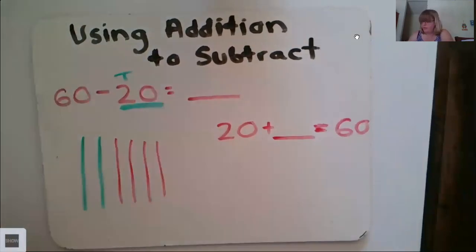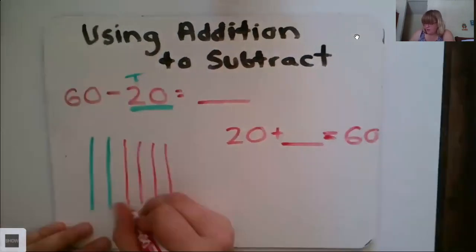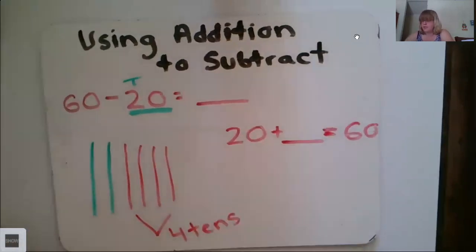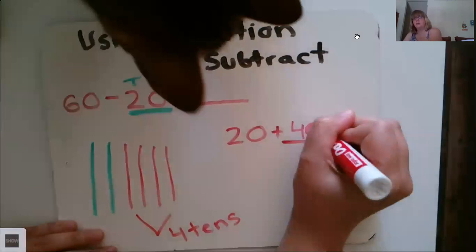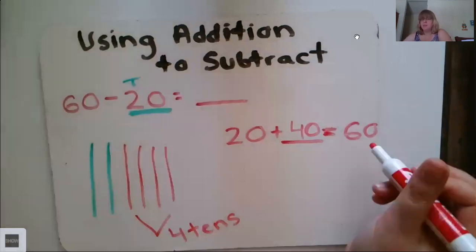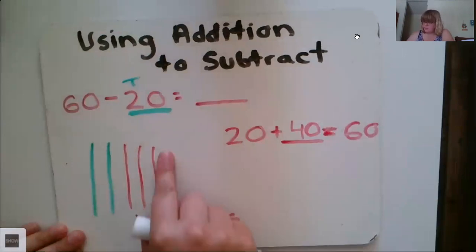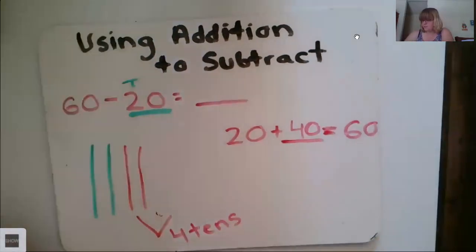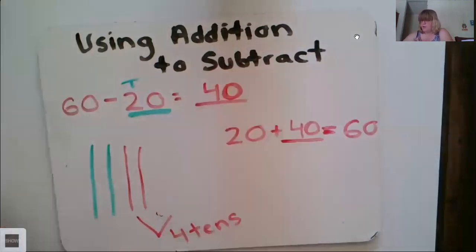So now focusing on the red ones I drew, I can see that I had to add 4 tens to get to 60, which is the same as 40. So I know that 20 plus 40 is 60. So if I flip my problem around, if I started with 6 tens and I erased 2 tens, I'm left over with 4 tens. So my answer turns out to be that same missing addend, which is 40.